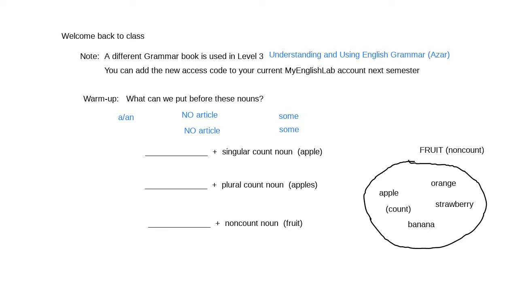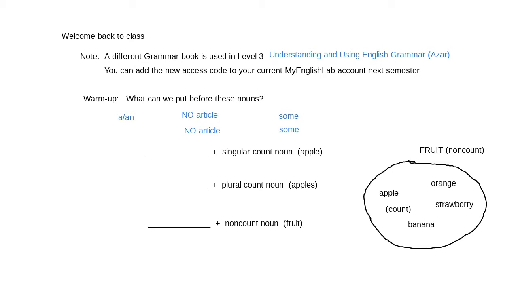And then we have a plural count noun, which is those same count nouns, but we make them plural. So apples, strawberries, bananas, those are all plural count nouns. So every single count noun can be either singular or plural. It has the option, okay?